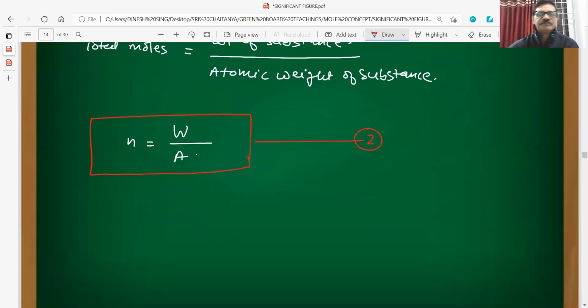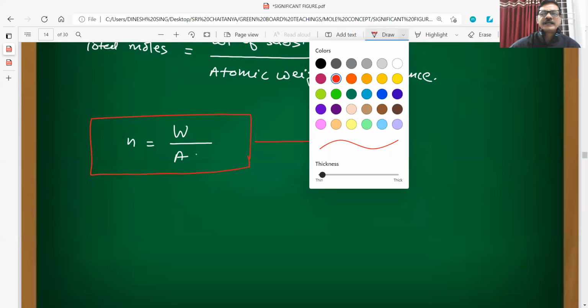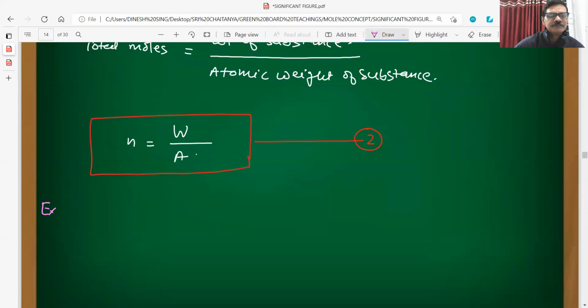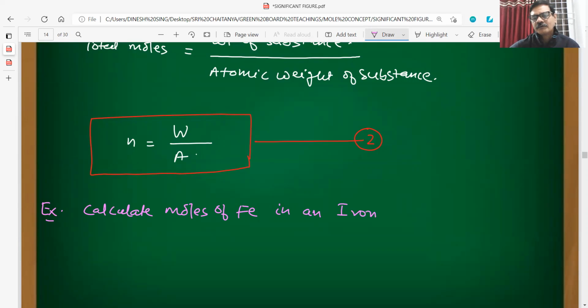Here is one more illustration I can consider. Example: calculate the moles of Fe in an iron rod which weighs 224 kg.